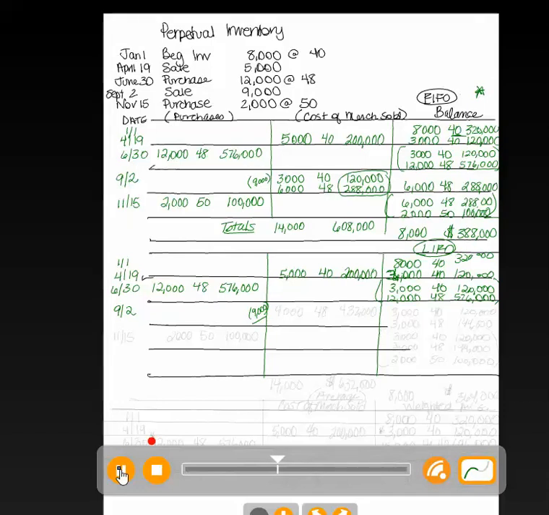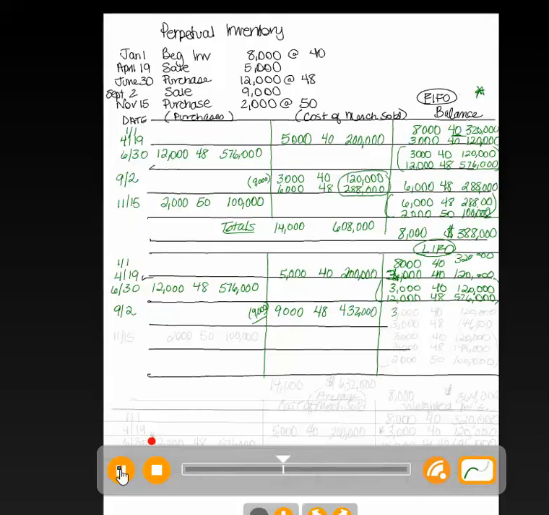Now, which units do I sell first? Well, this particular chart is using LIFO, which means that the last units in are the first units out the door. So my client wants 9,000, and I do have 9,000 of the newer items, $48 items. So I'm going to multiply 9,000 times 48 for my cost of goods sold of $432,000.